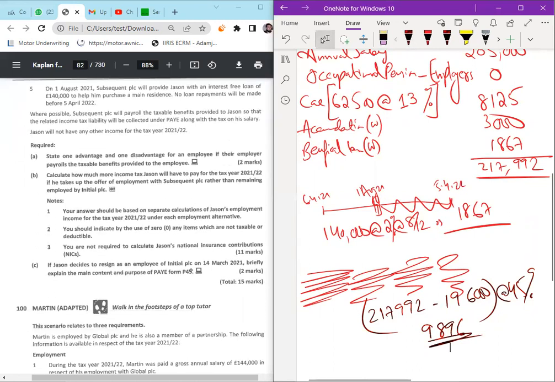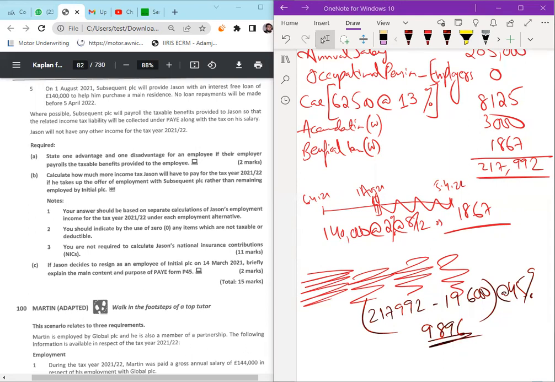Part C. If Jason decided to resign as an employee of initial PLC on 14 March, briefly explain which form he needs to fill. If I am an examiner, I will not tell you P45, but the examiner is a good guy. That's why he's writing for you that you must describe form 45. Okay.